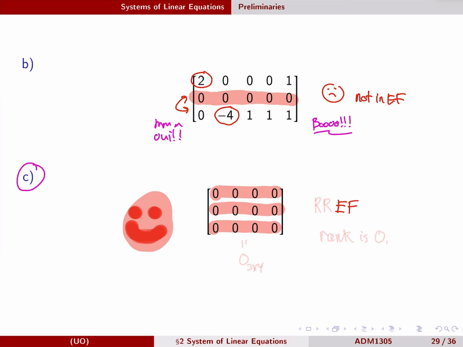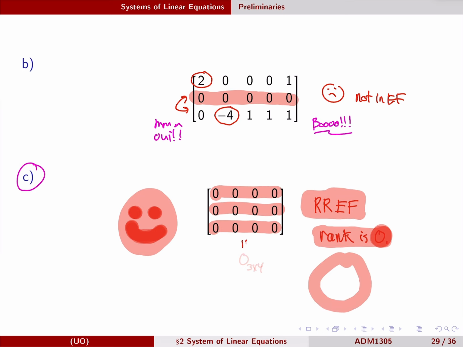And then the fourth condition is to check that if you have any pivots, they need to be alone in their column. Because there's none, you're not contradicting that point. So this matrix is actually in row reduced echelon form, and the rank of that matrix is 0. And actually, the only matrices where the rank is 0 are the 0 matrices.